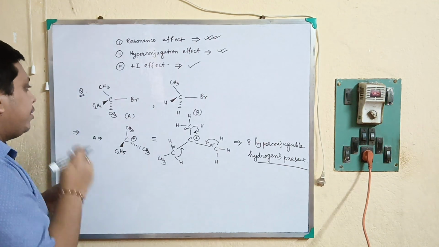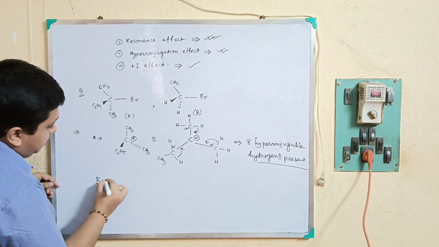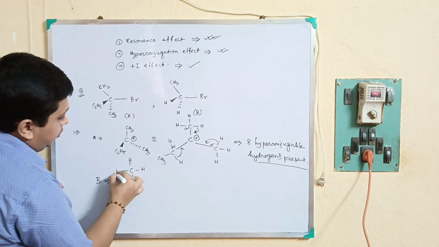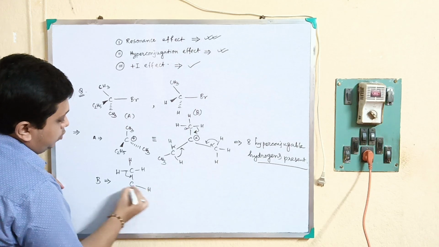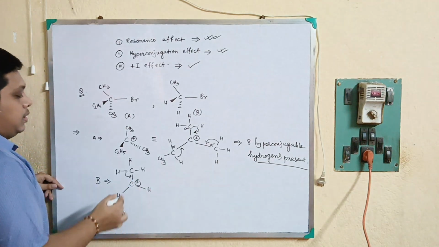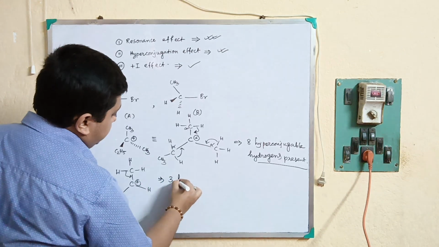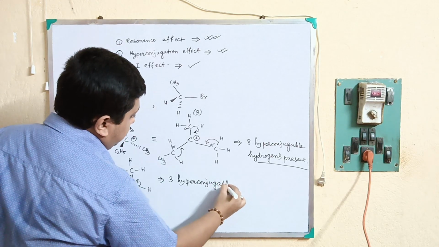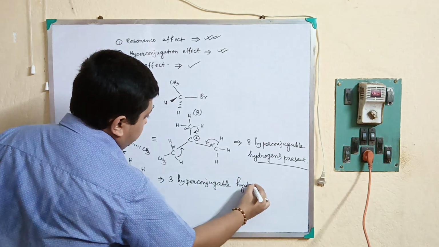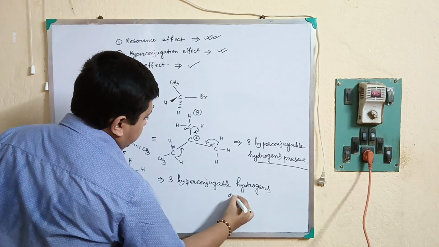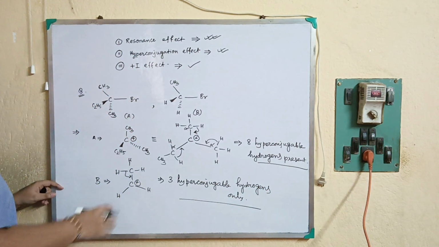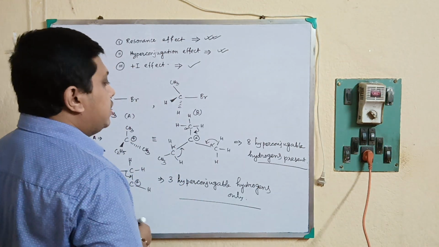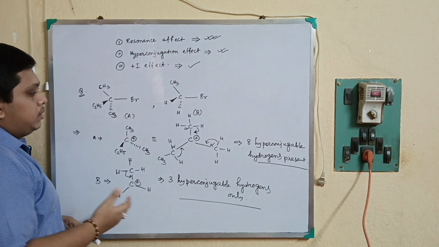Now if we see the carbocation formed from B, carbon with one CH3 only here. Now these two are hydrogens and this carbon is positive. So here are three hyperconjugable hydrogens only. Now, according to the hyperconjugation effect, the more hyperconjugable hydrogens present, the more effective or the more stable the structure.